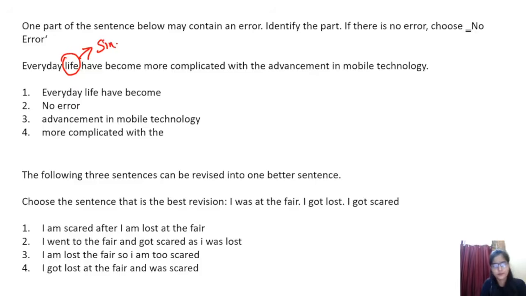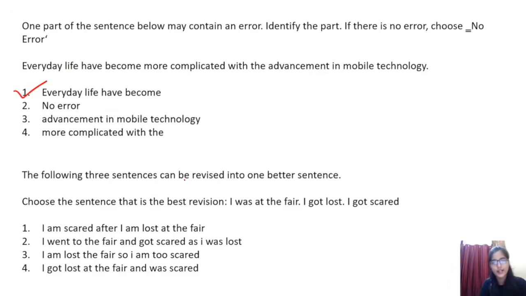Singular. That's so obvious. You must be aware of that, right? So using have, is it okay to use have with a singular? No, right? We use what? Has. So it should be everyday life has become more complicated. Okay, so you should be clear on that part. So what is wrong here? Everyday life have become, this part is wrong. Let's move to the next question now.